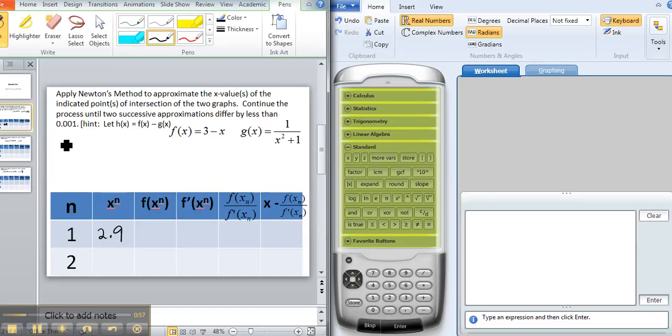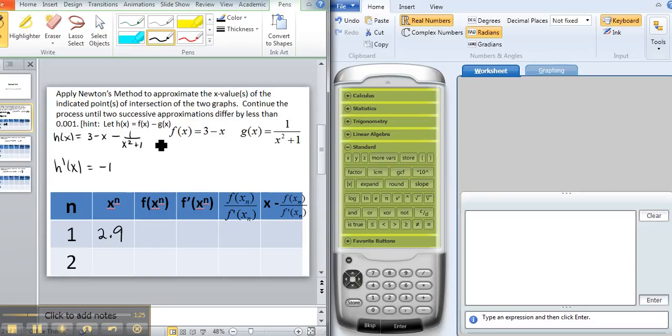So what we're going to do is find h of x really quickly, f of x minus g of x. What that ends up giving us then is for h prime of x, 1, and then the derivative of this right here.